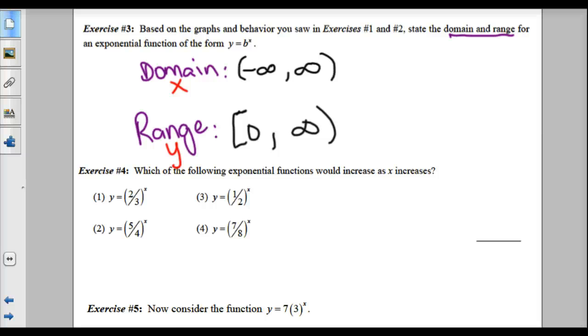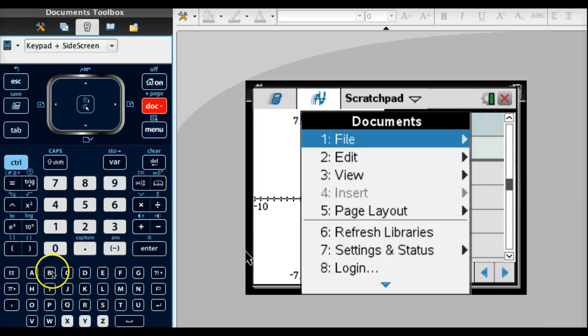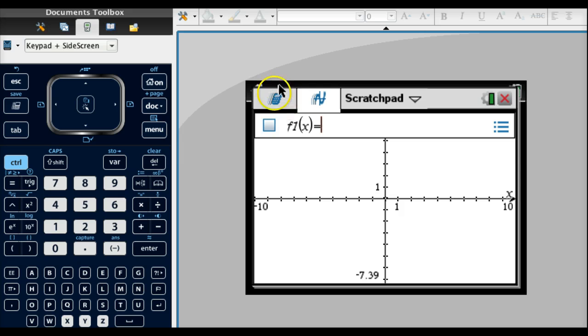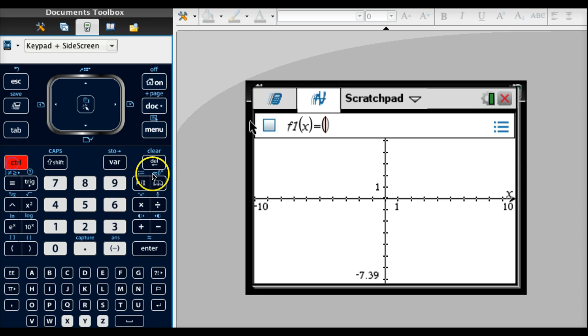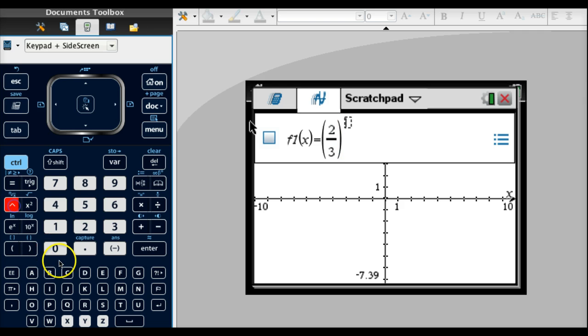So the first thing that I want to do is go to my calculator, clear all of this, and then go back to graph. The first one says it needs to be, oops, not that one, I need to enter a fraction, control division, 2/3, and this needs to be to the x power.